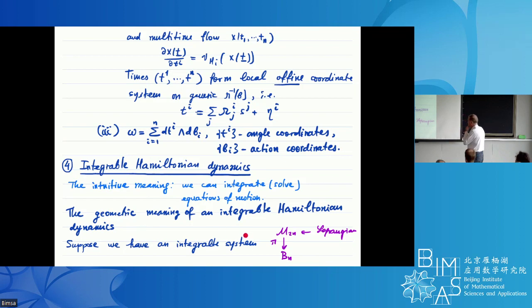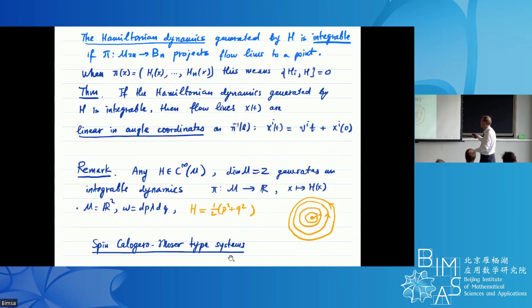The geometrical meaning of an integrable Hamiltonian dynamics is the following. Suppose you have your favorite Hamiltonian H, and you want to study the trajectories of the Hamiltonian vector field generated by H. And suppose we have an integrable system, this Lagrangian fibration that I just described. Then here is the definition: the Hamiltonian dynamics generated by H is integrable if this projection projects all flow lines to a point.